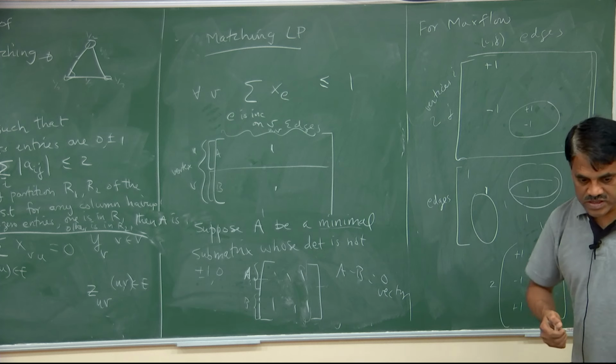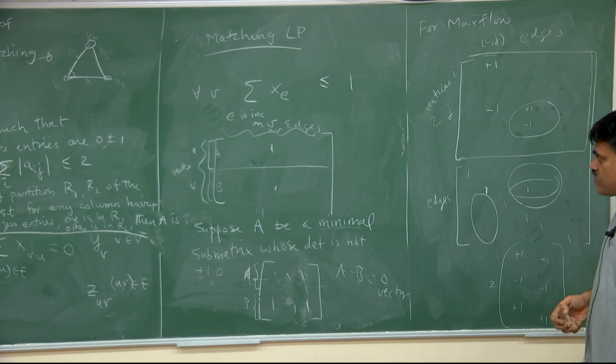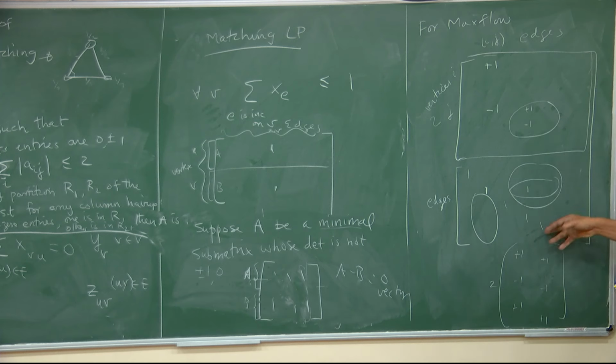We should try some example and check whether it's actually totally unimodular if you include this as well. Or the fact that this is an identity matrix may be useful.